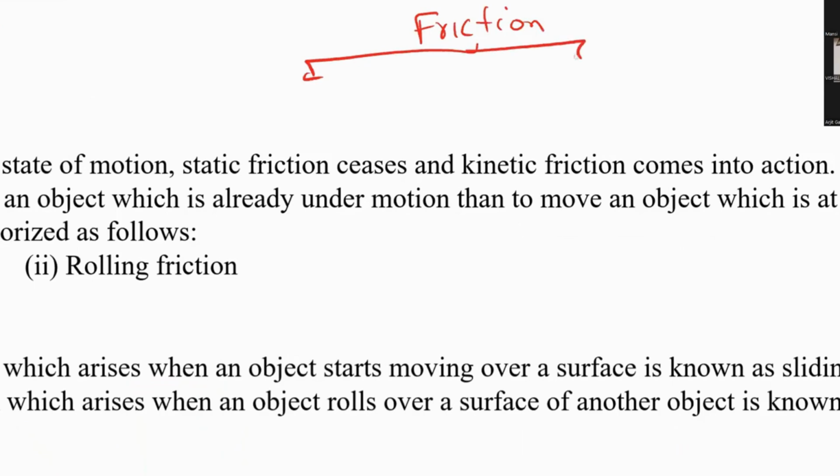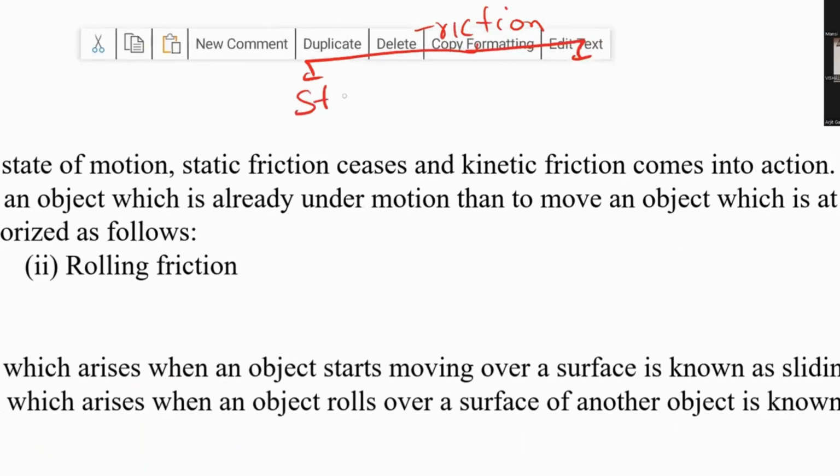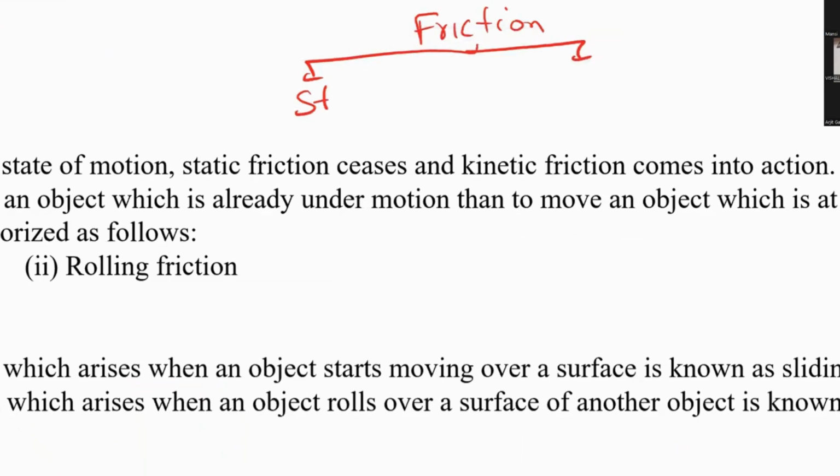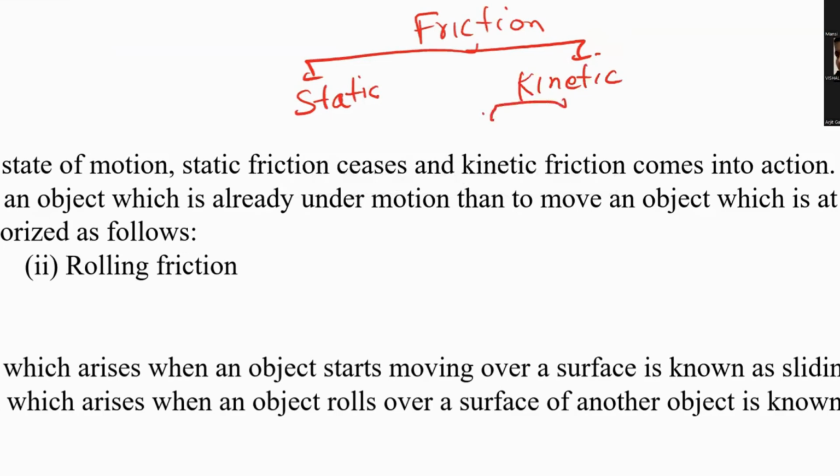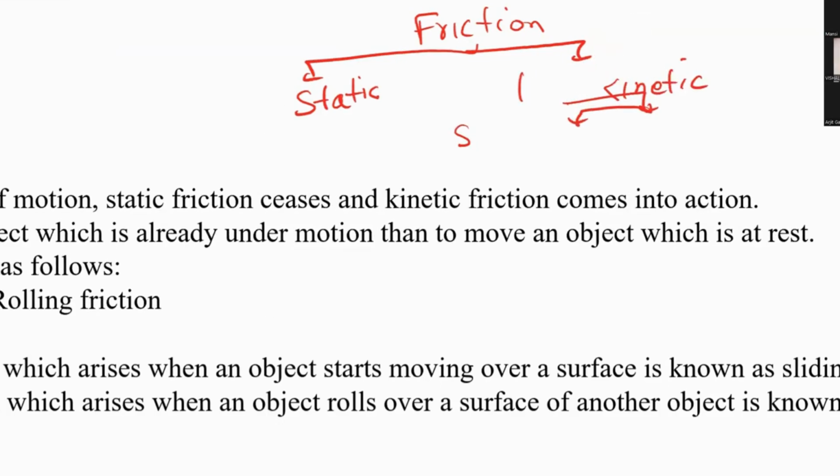First one is static, right? And the second is kinetic. Now, kinetic friction is also divided into two types: sliding and rolling. Got it?